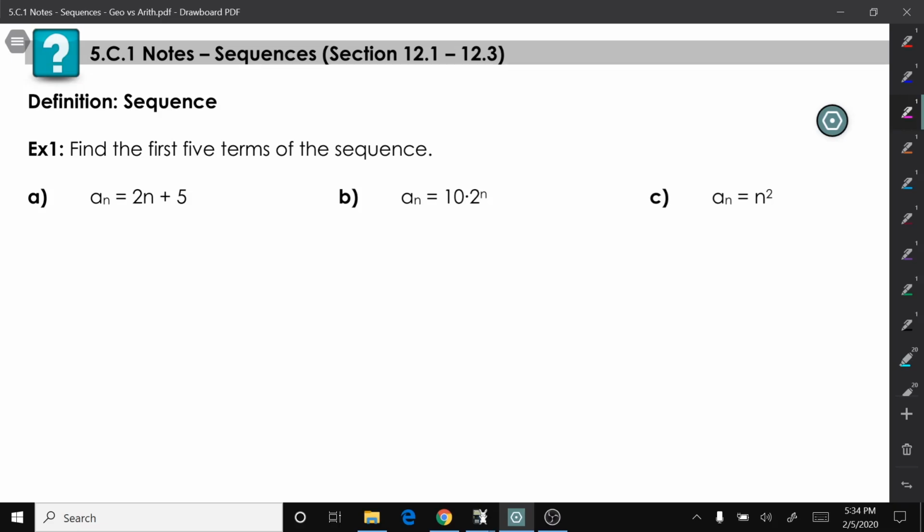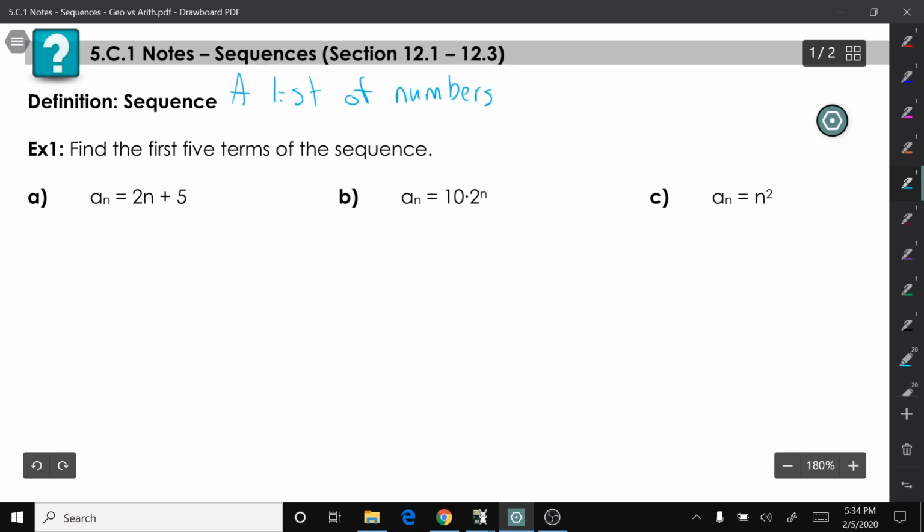Alright, topic C is about sequences, and then we're going to talk about series later on. So a sequence is a list of numbers that follow a pattern.